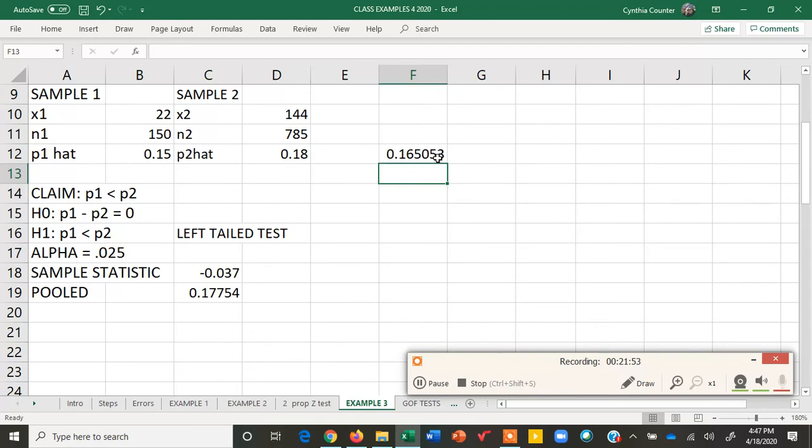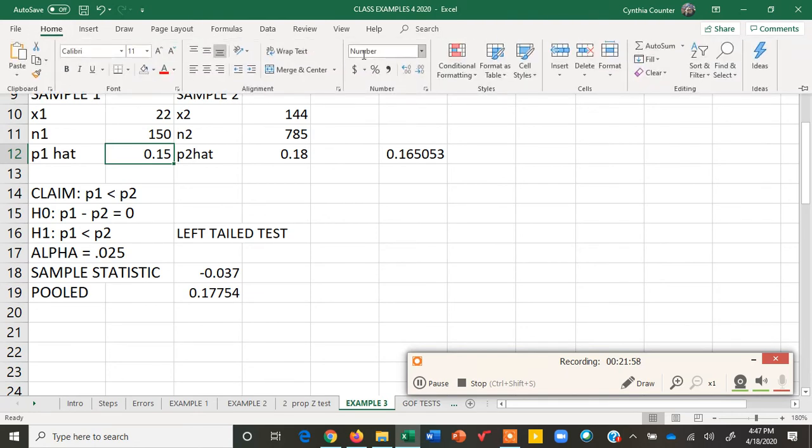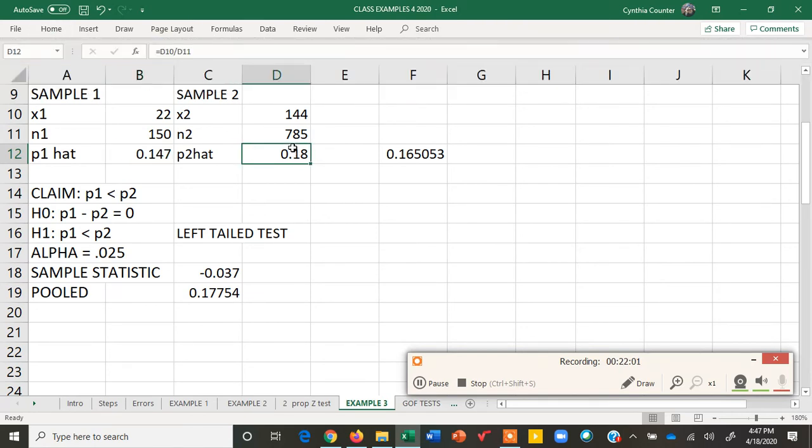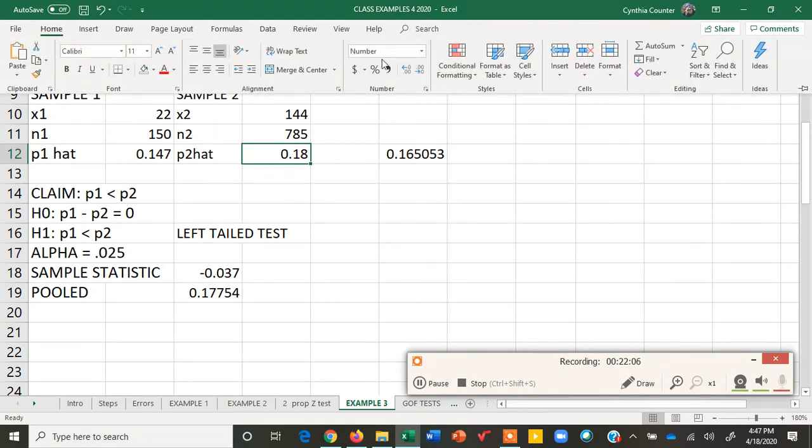To one decimal place they'd be similar, but when we look at the additional decimal places, we can see that the average 0.165 is not the same as the pooled 0.177. So you cannot simply take the average of the two sample proportions to get your pooled proportion.